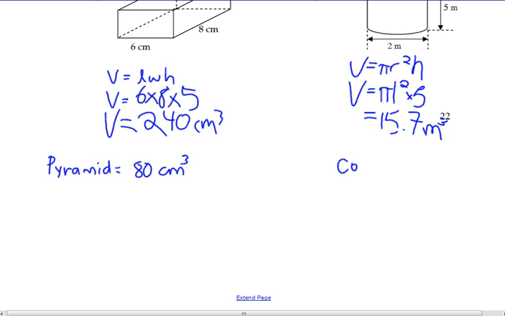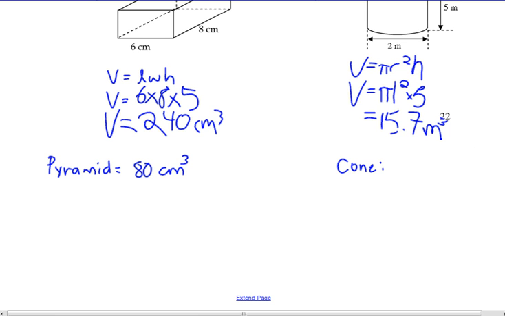What if this was a cone? Same dimensions. Divide by 3 or multiply by 1/3. Okay, so divide that by 3, which is 5 point what? 5.3? 4.23?